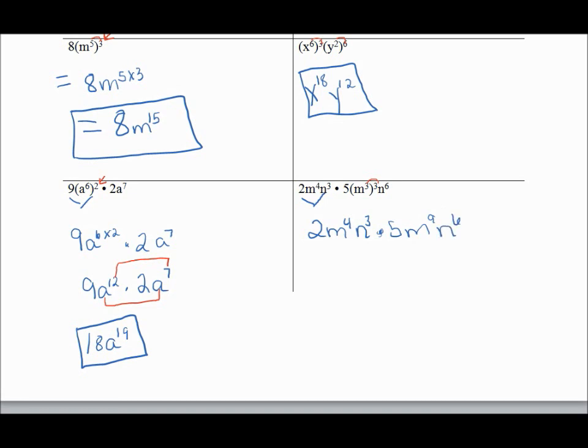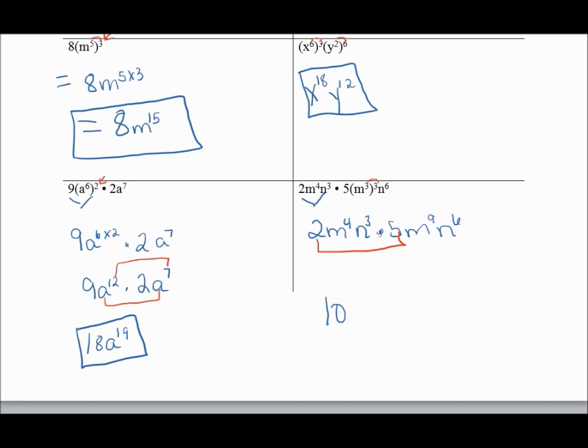Now, after I do that, I have a problem just like the ones we were working in the first part of the video, when the rule said if the bases are the same, you simply add your exponents. Here, I just want to do like things together. I know I can multiply 2 and 5. 2 times 5 is 10.